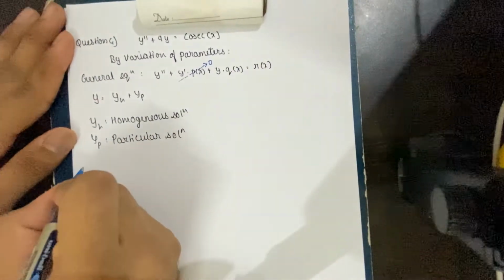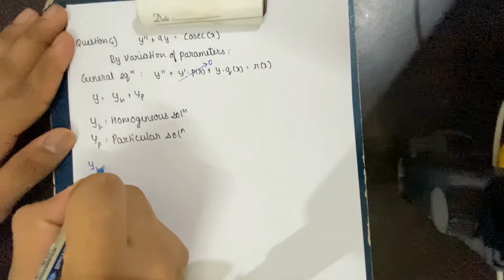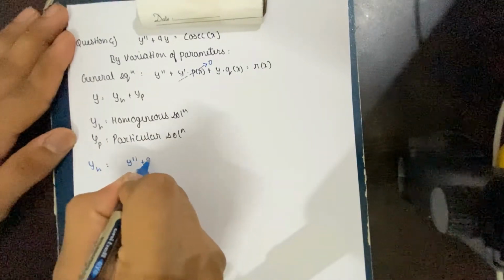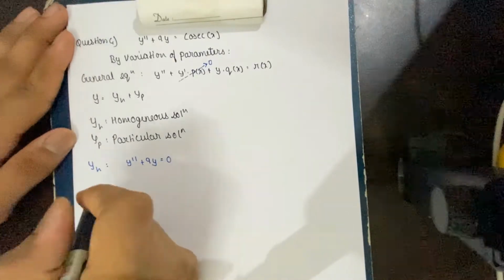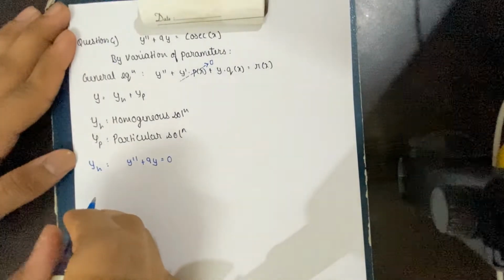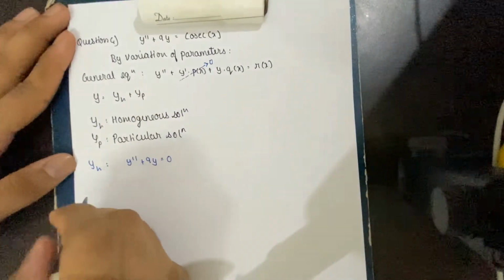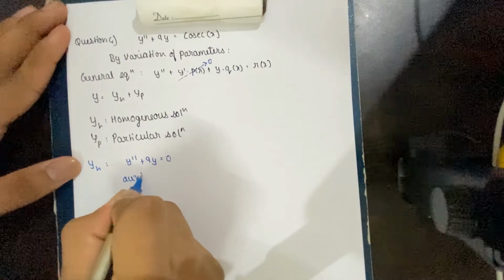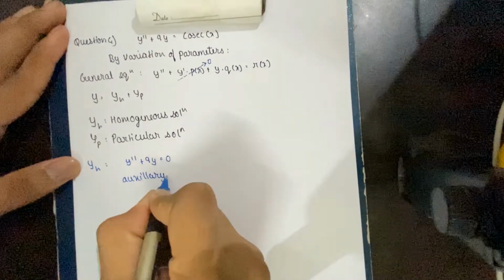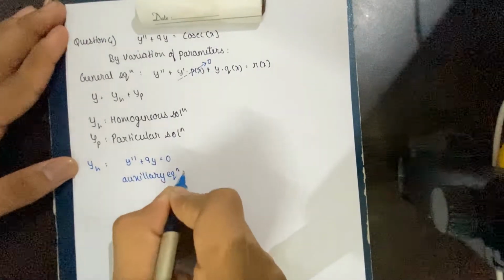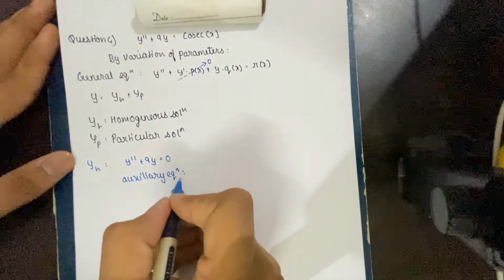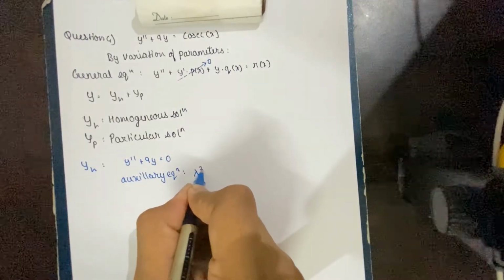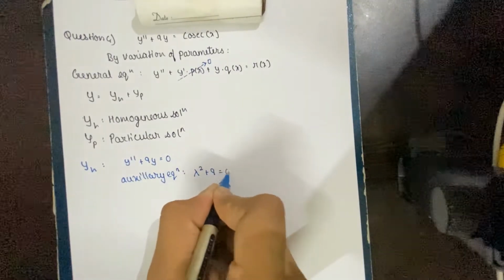So let's start solving for yh. y double dash plus 9y equals 0, and we are going to find the auxiliary equation. The auxiliary equation will be lambda squared plus 9 equals 0.